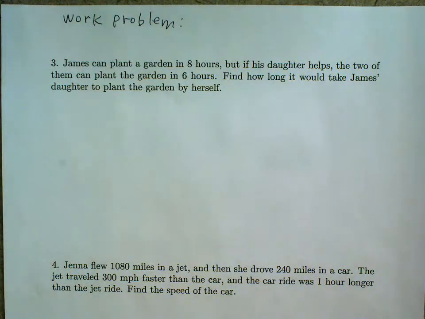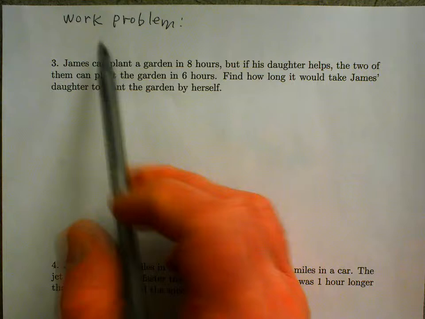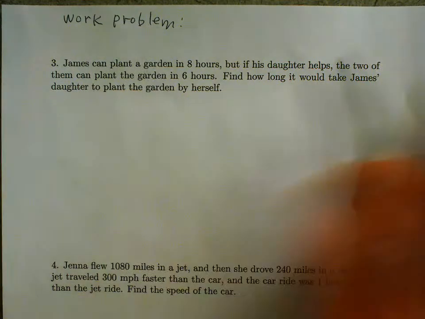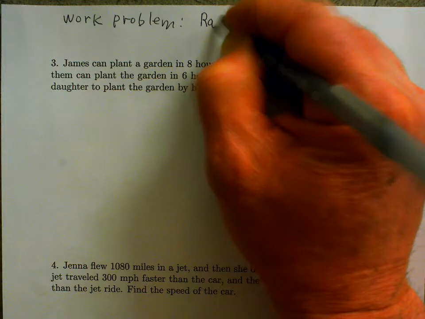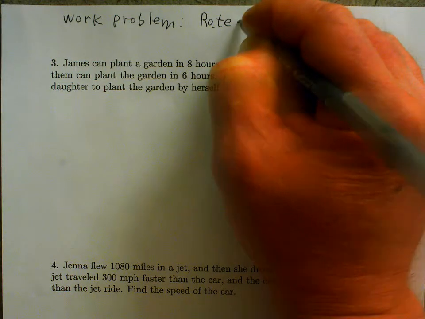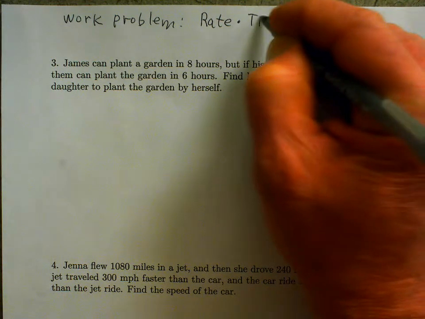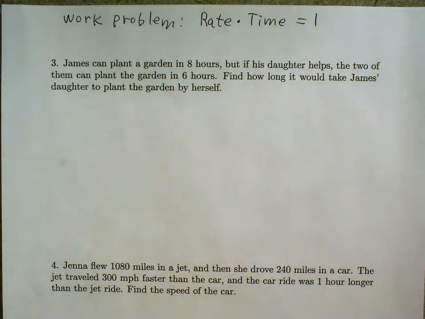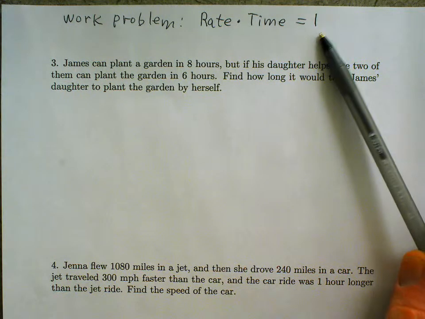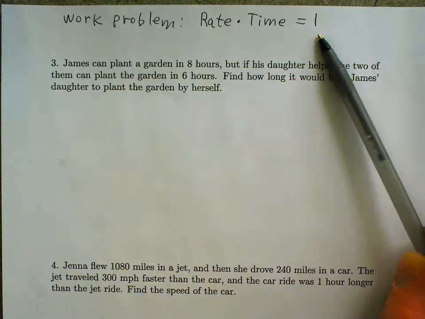So a work problem has one task that is being completed in different situations. So if you have a work problem, the equations have the form rate times time equals 1. 1 represents the job that is being completed.